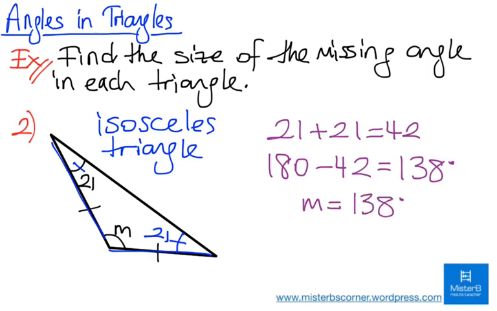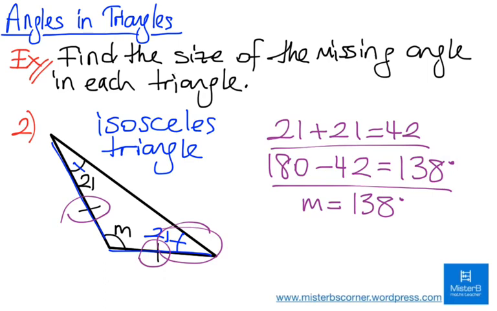So sometimes you will be given some additional information like this so that you can figure out one of the angles. But in all cases, you have to remember that you need two angles to add up and then take away from 180.